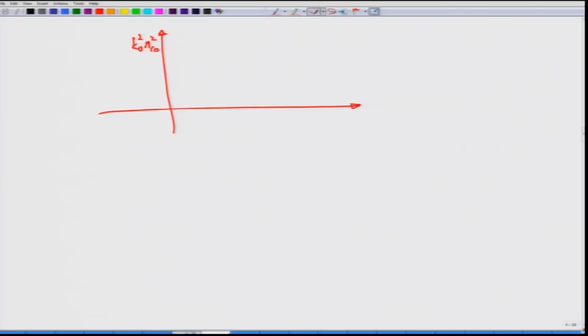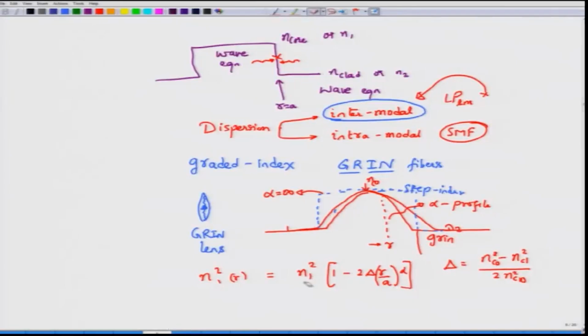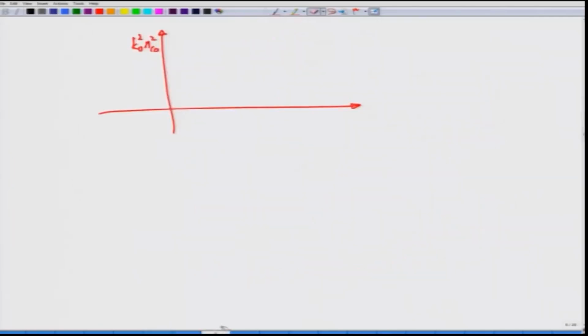So, here if you go back and look at this, I have written the graded profile here, right. So, I have written this as n 1 square, pardon my little confusing notation here. N 1 in this particular case would stand for the max value of the refractive index in the core.